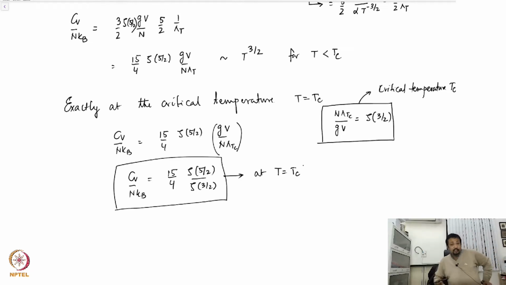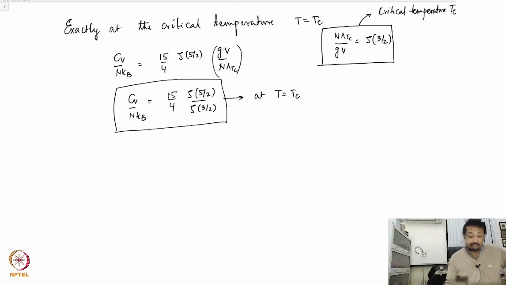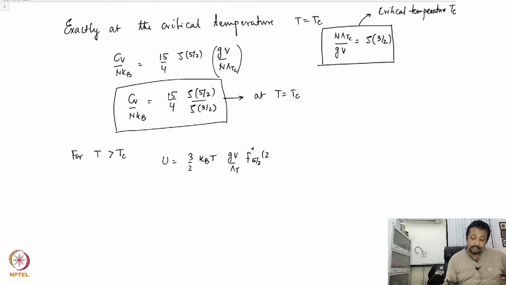Of course, what is left now is to look at what happens to the specific heat for T greater than Tc. The second case to study is for T greater than Tc. And we start off with the usual expression that U is going to be 3/2 kBT times PV, and therefore that is gV over lambda T f plus 5/2 of z.